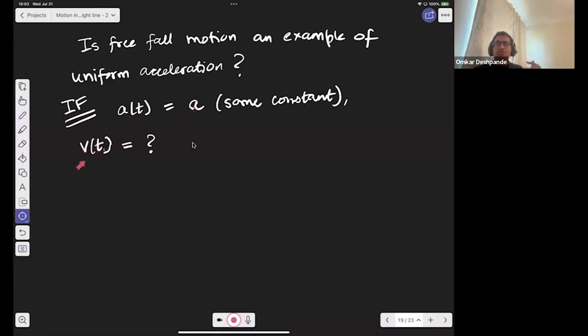What should that function have been such that after taking its derivative, we are left with just a single constant a? What do you think? What sort of function will leave a derivative of a constant?